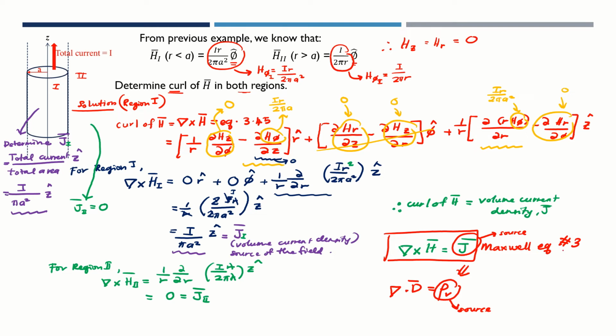So the final product is always equal to the source. Maxwell equation number 1 gives us the source of the electrostatic field, and Maxwell equation number 3 gives us the source of the magnetostatic field.